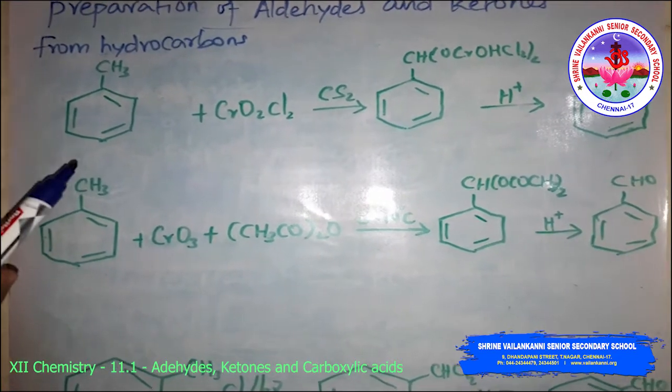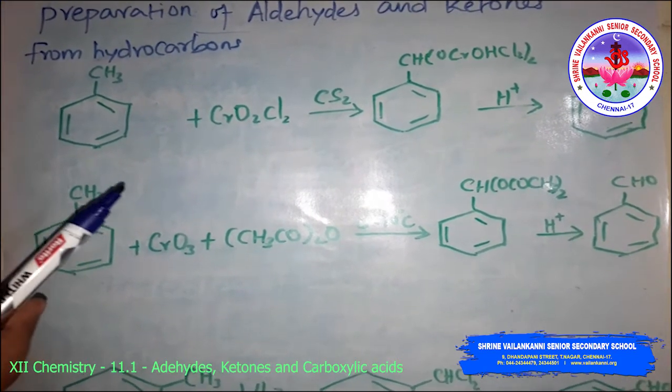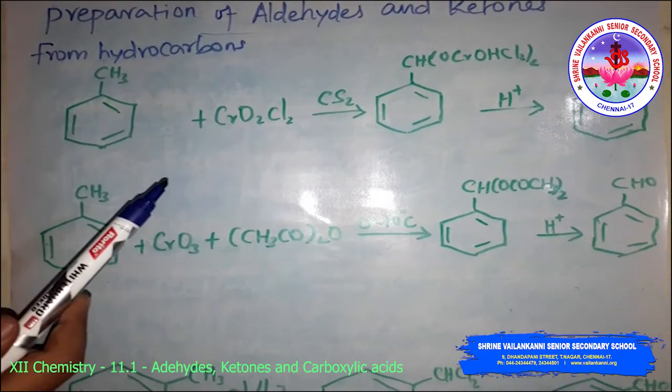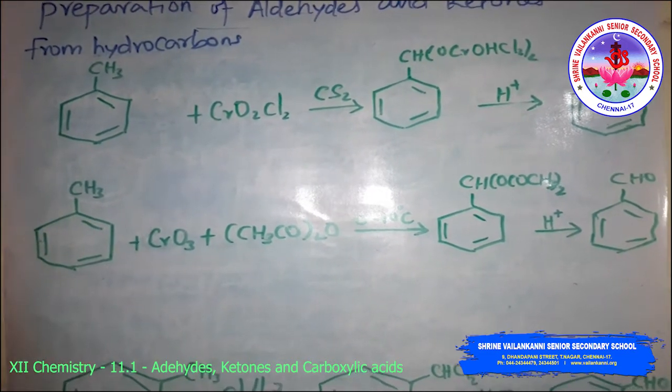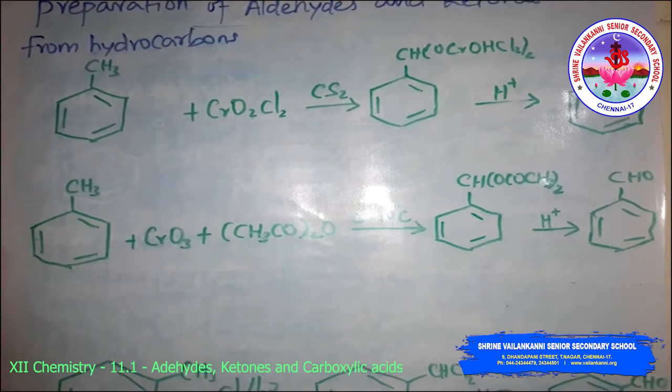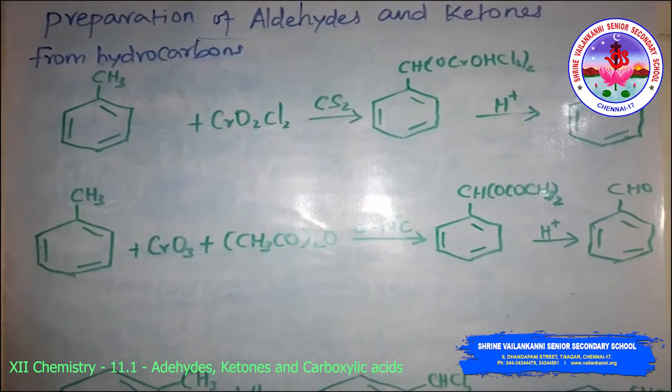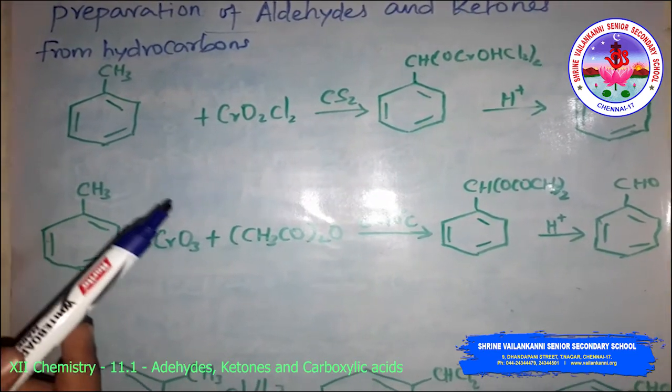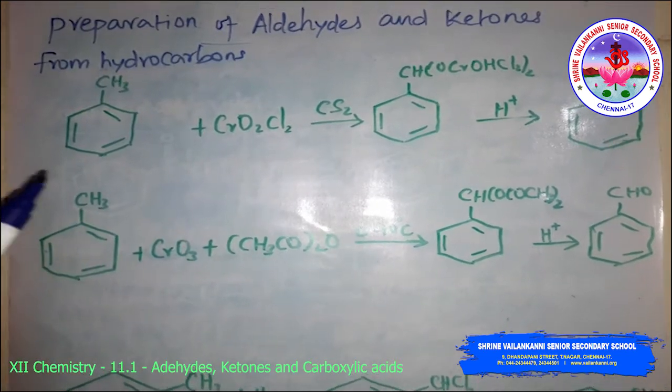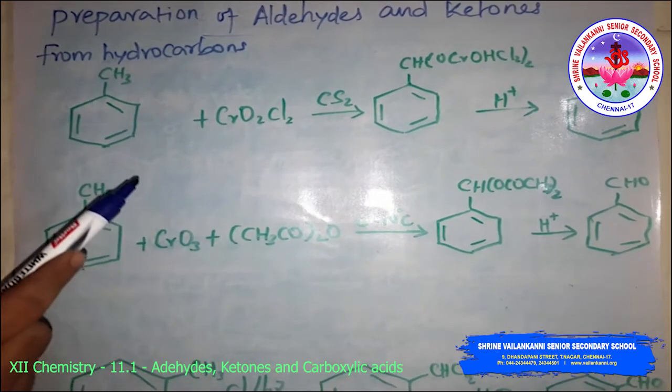However, it is possible to stop the oxidation at the aldehyde stage with a suitable reagent that converts the methyl group to an intermediate that is difficult to oxidize further. The following methods are used for the purpose.